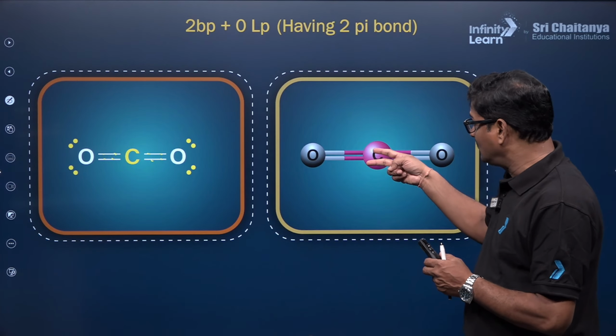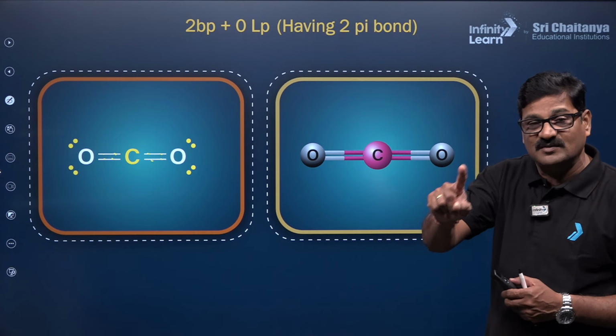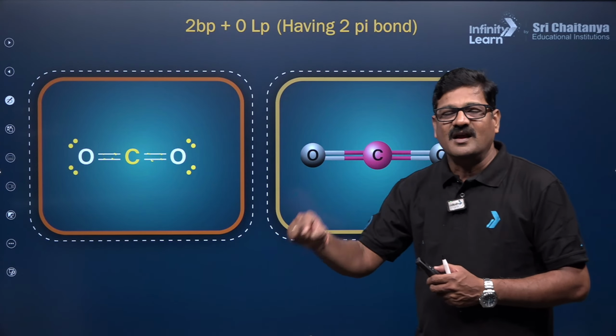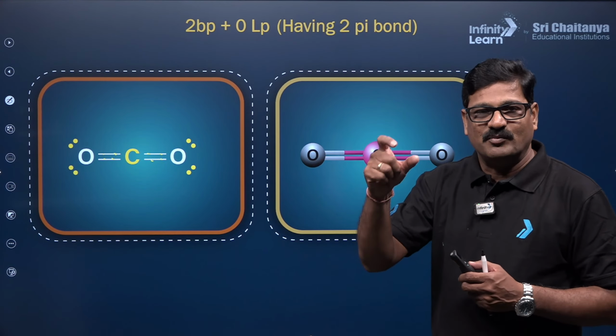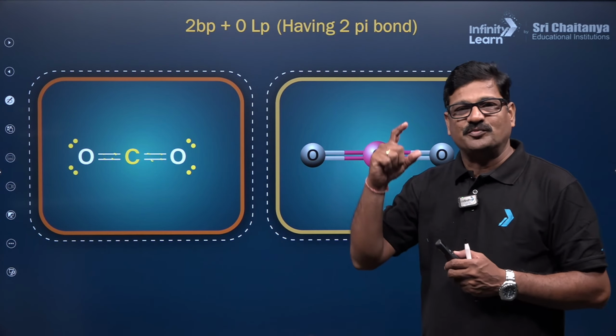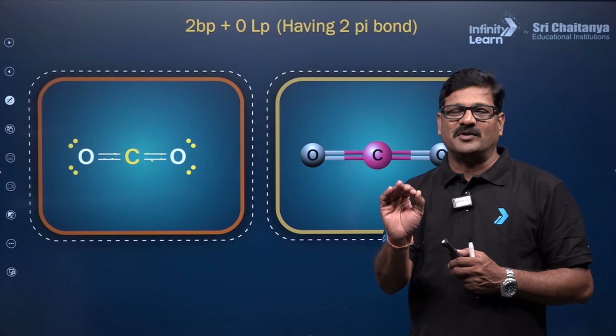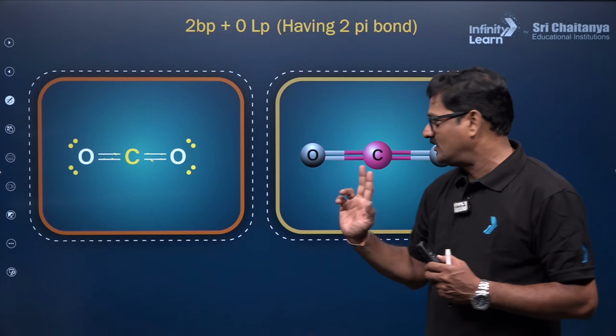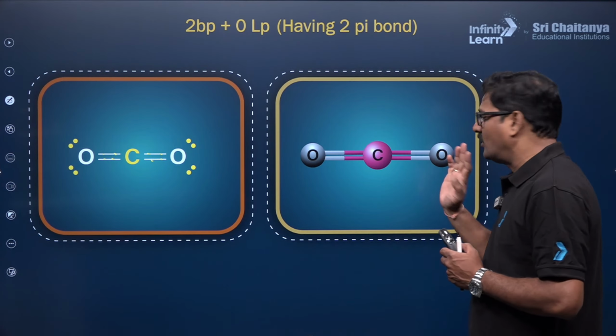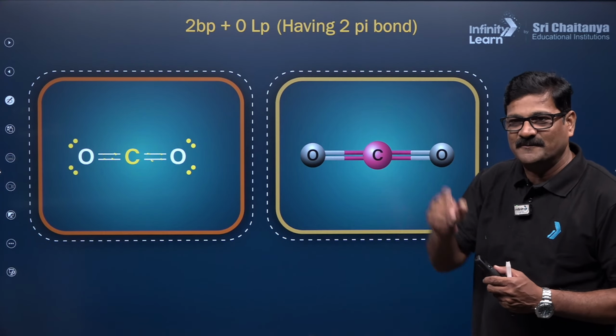Sir, double bond is there, can I take 2 bond pairs? No, I said VSEPR theory always considers a bond pair to be a single bond, a double bond or a triple bond. A multiple bond is said to be one bond pair. One bond pair, another bond pair. It is linear. So that's fine.